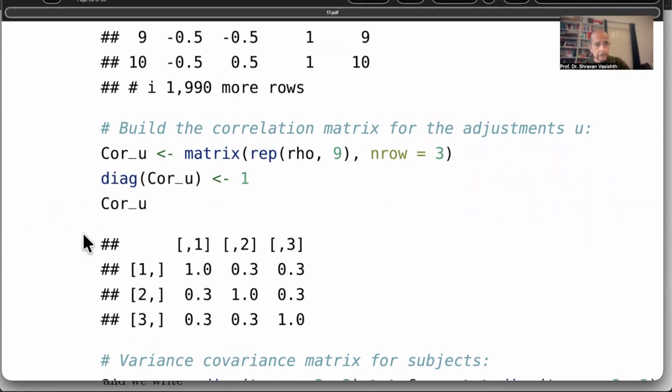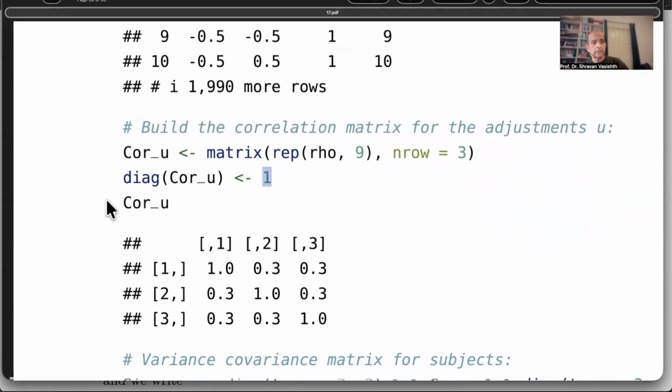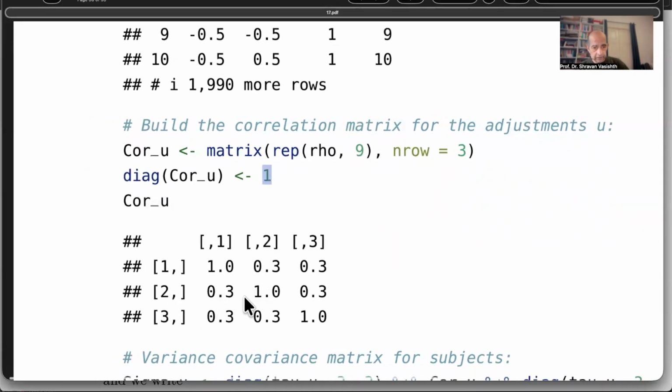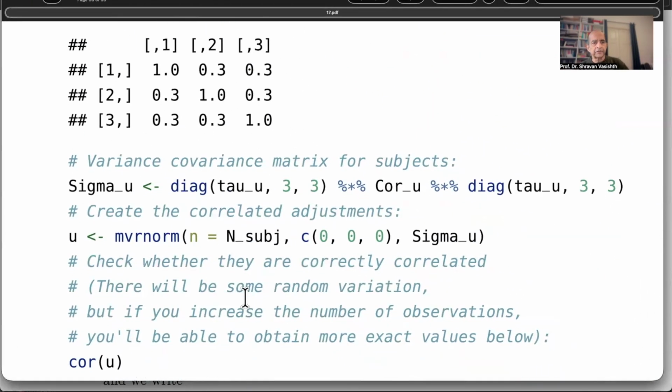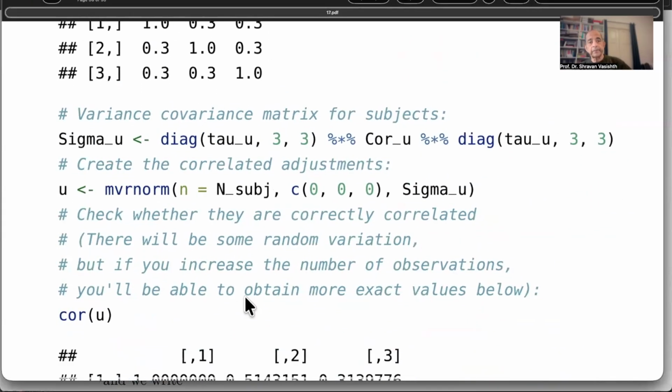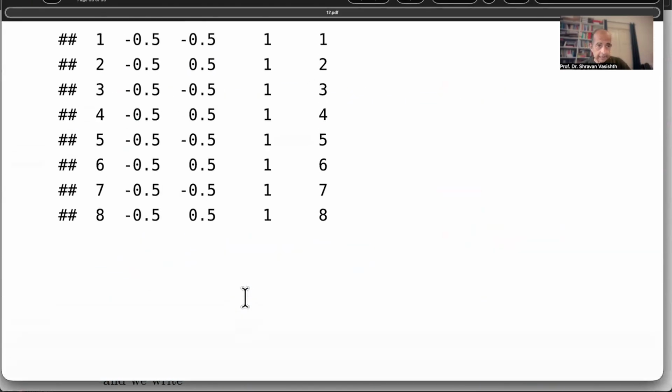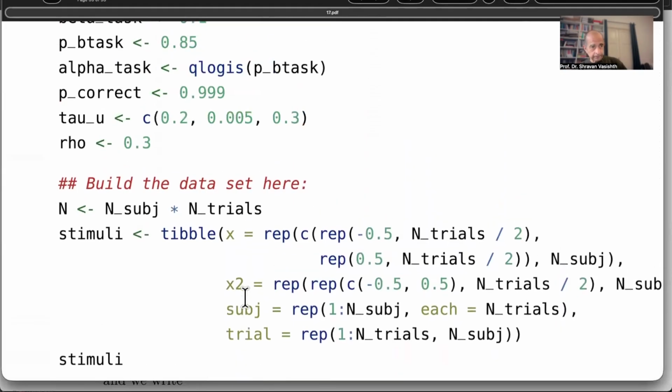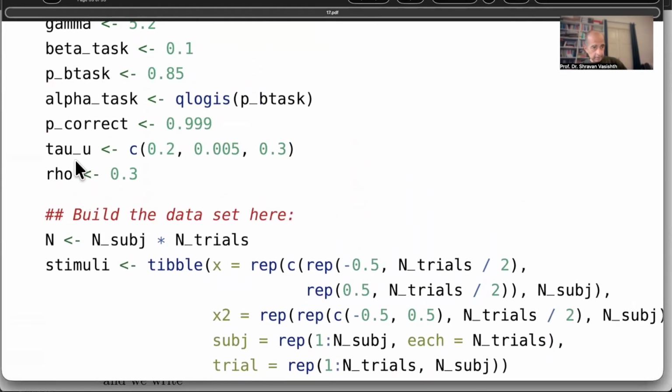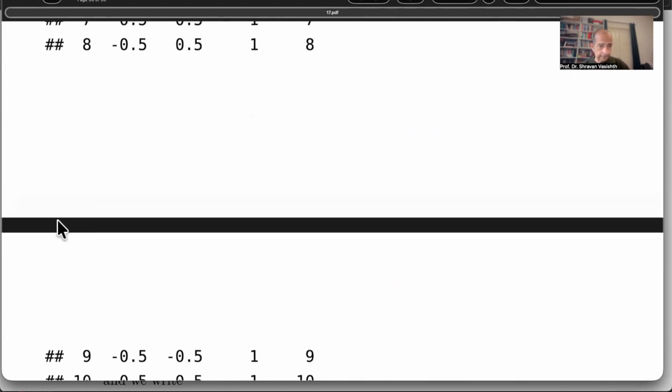So you build up the correlation matrix by plugging in ones on the diagonal and 0.3 in the off diagonal. From this vector of standard deviations, we can build up the variance covariance matrix.